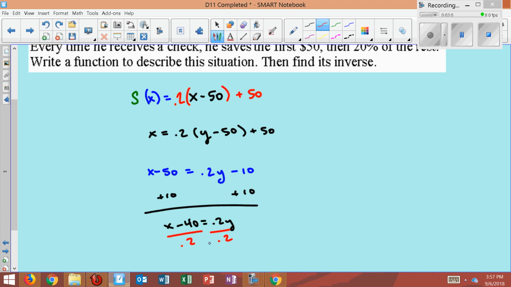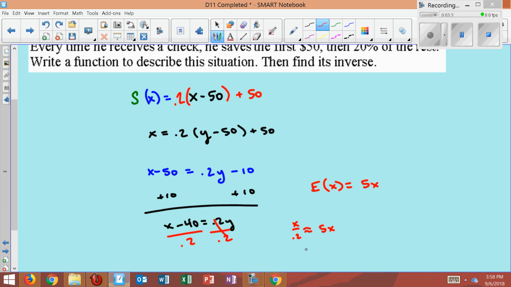Divide by 0.2. And so kind of like earlier, whenever you're dividing like that, you can leave it this way, or you could separate it into two fractions. Now I'm going to do that by saying this is now what we earned. So you earned x over 0.2, which is kind of like 1/5, is the same thing as 5x, believe it or not. x over 0.2 is congruent to 5 times x.